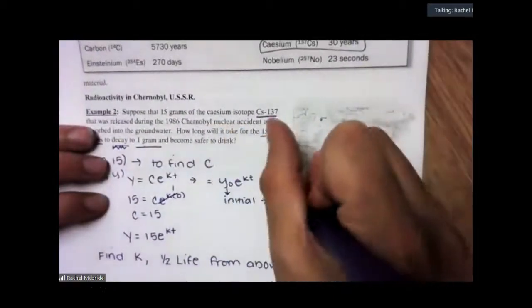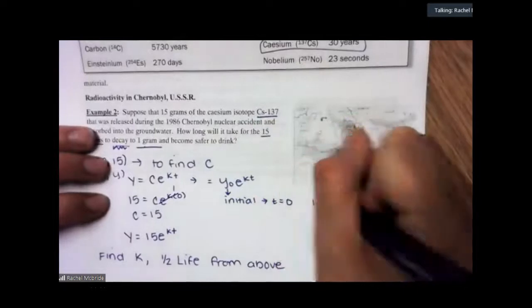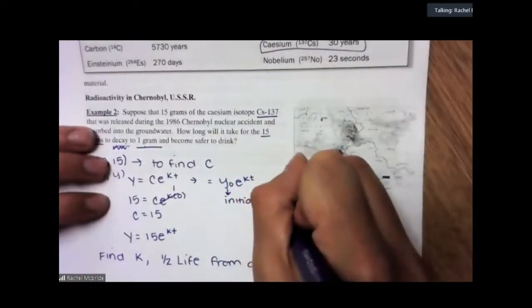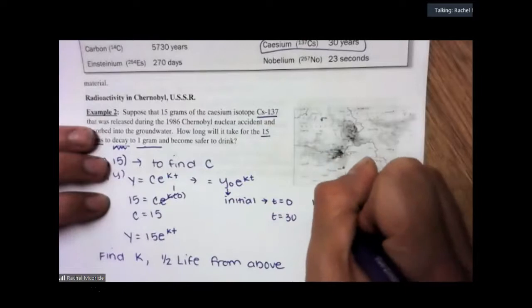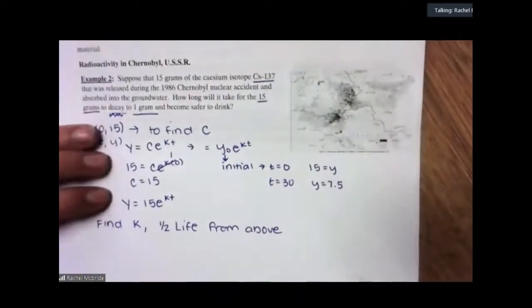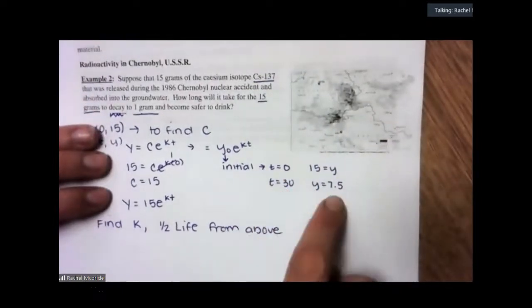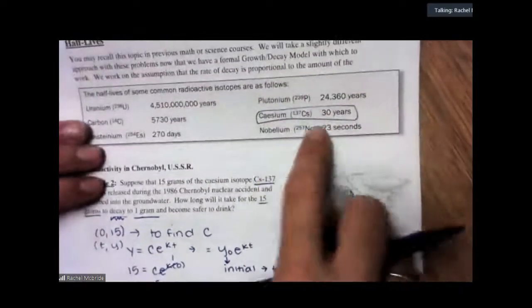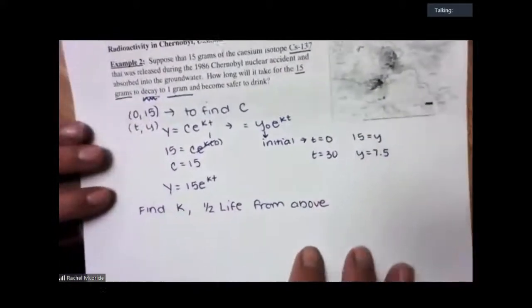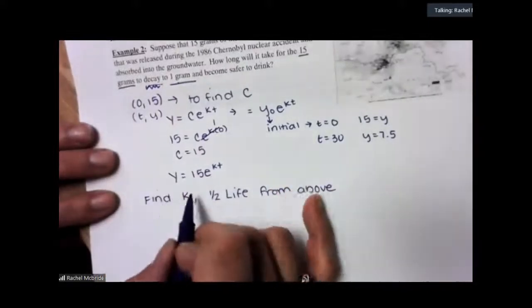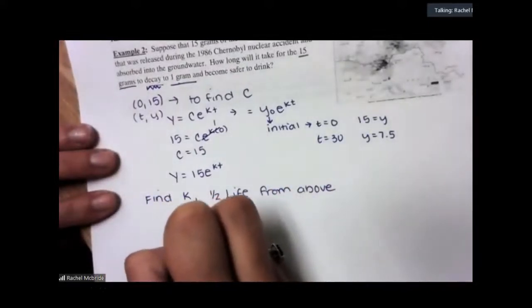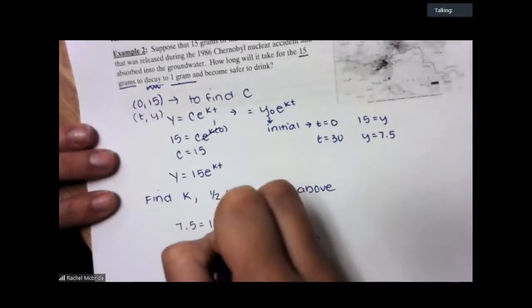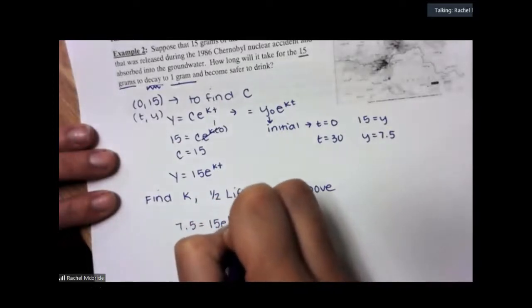So what that means is that if y initial is 15, t equals 30 would be half of that, or 7.5. So it would take 30 years to get to 7.5. And we get that from our table up above that tells me its half-life is 30 years. So what that means now is that y is equal to 7.5 when t is equal to 30.